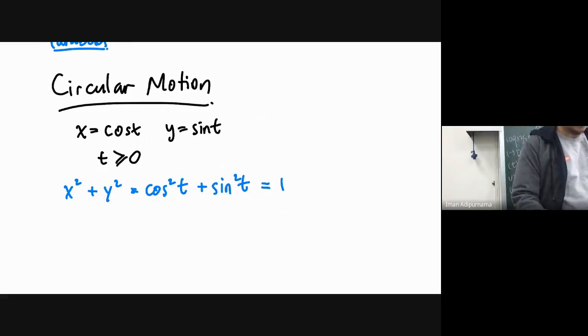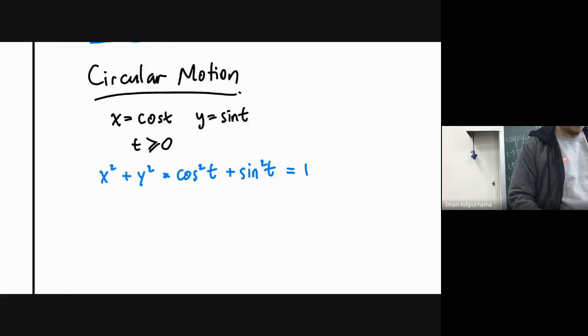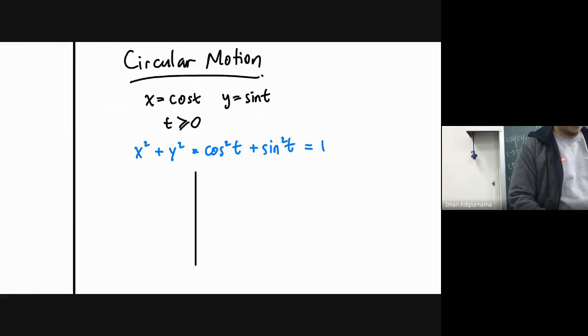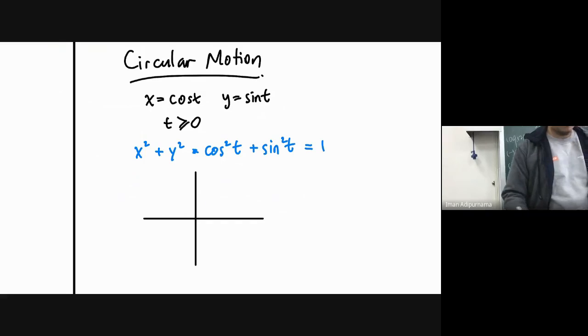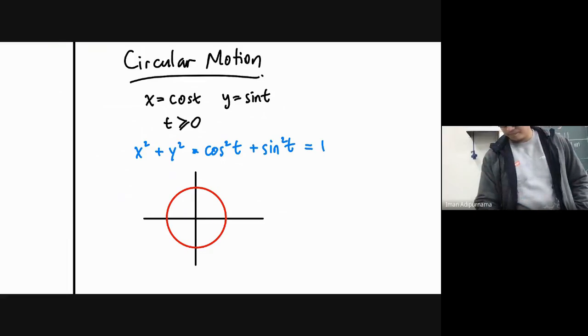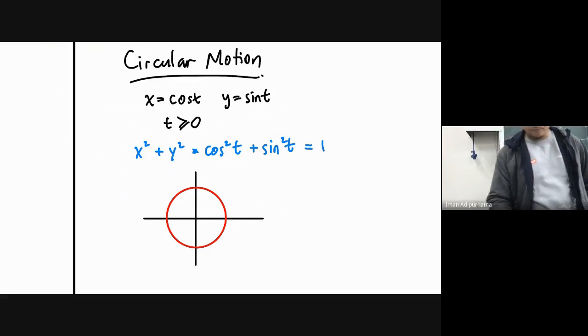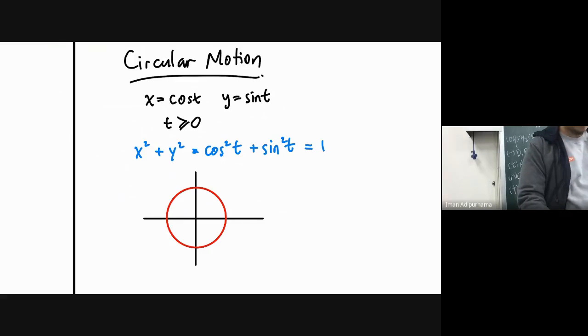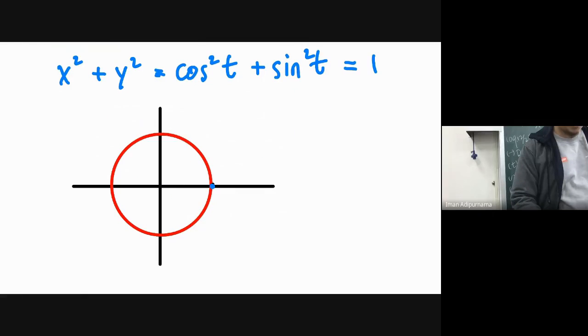So we can graph this. Let me use the color. And this point will be 1, 0.